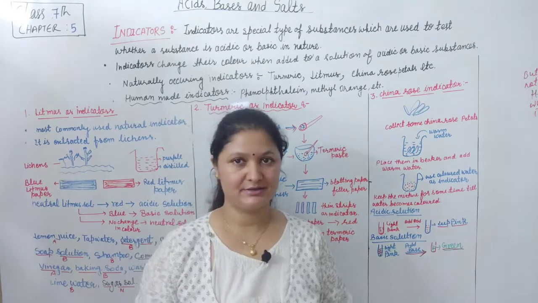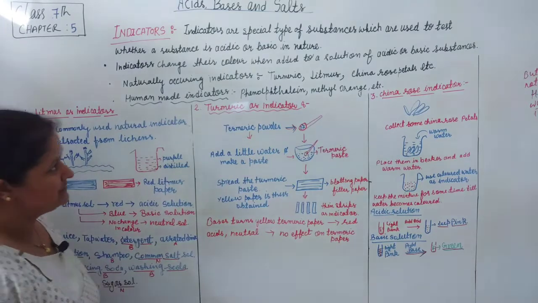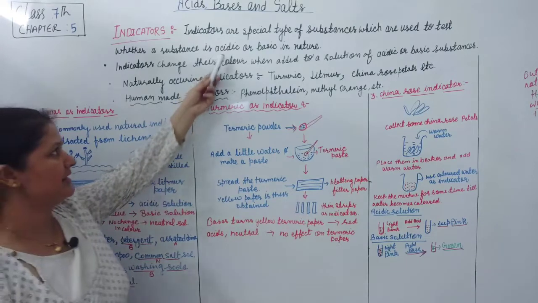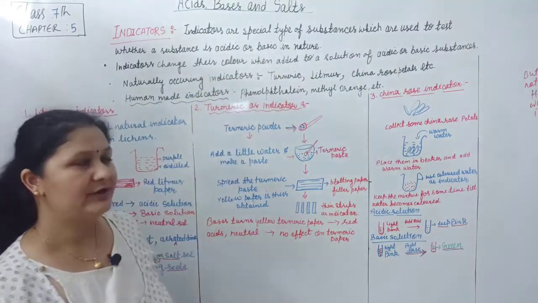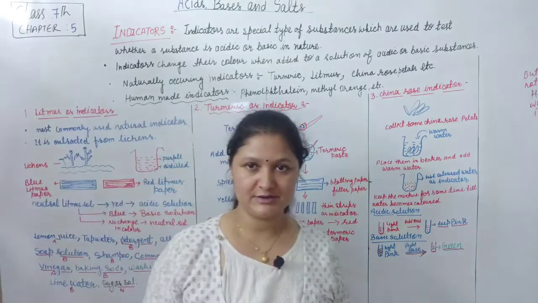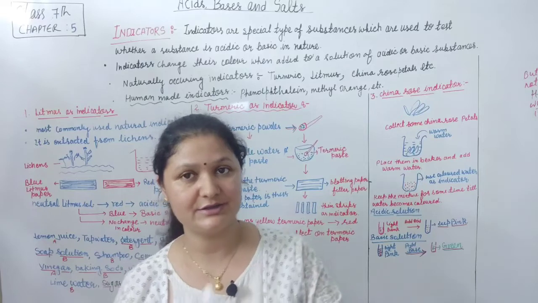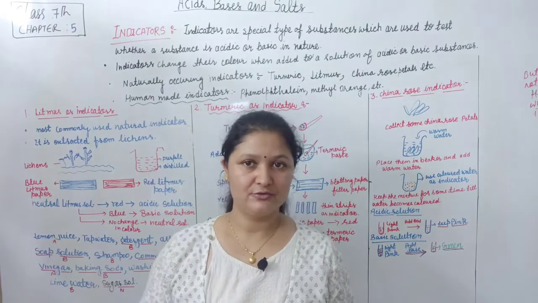What are indicators? Indicators are special types of substances which are used to test whether a substance is acidic or basic in nature, because we cannot taste all the substances to find whether they are acidic or basic in nature, because some of them may be harmful to us.